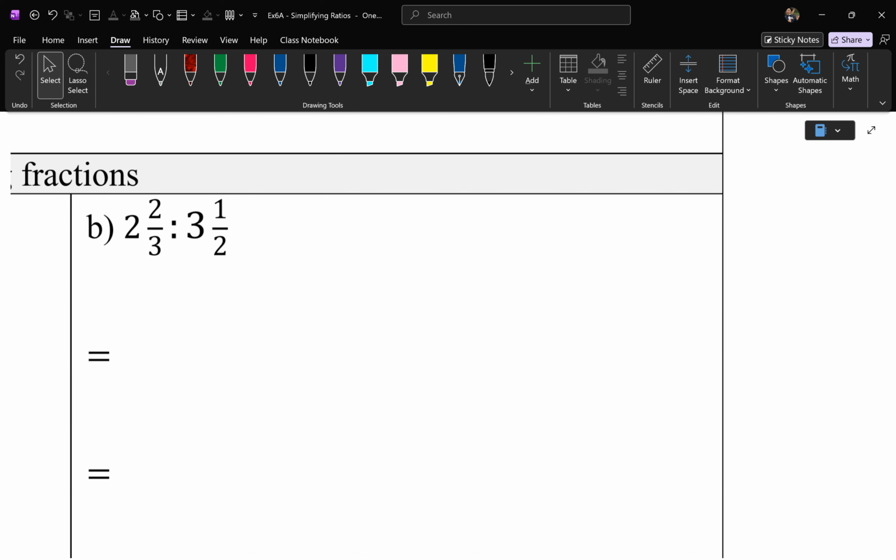Because remember I said ratios, we never mix fractions with ratios. You have to write them in integers, which is whole numbers. That's in fraction, but not only that, it's in mixed fraction as well. So we've got to get rid of them. Here we go. Here's the technique. We've got to convert mixed fractions to improper fractions first. Let's see who remembers. Jacob, how do I convert 2 2/3 to an improper fraction again?